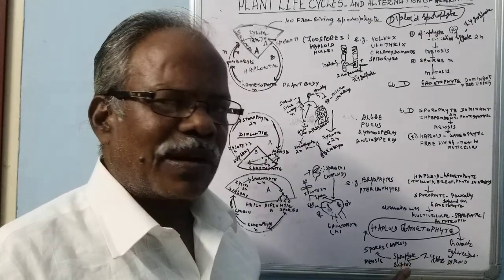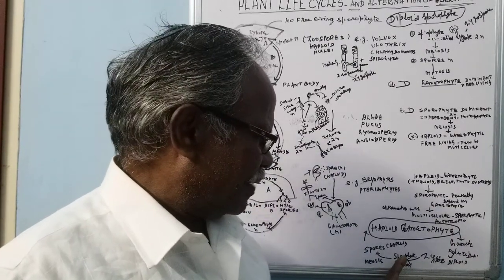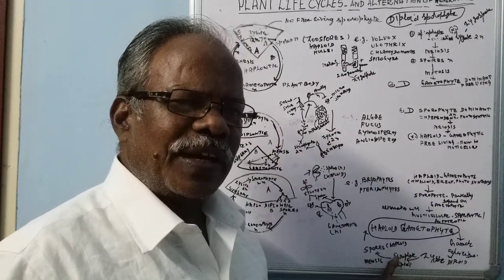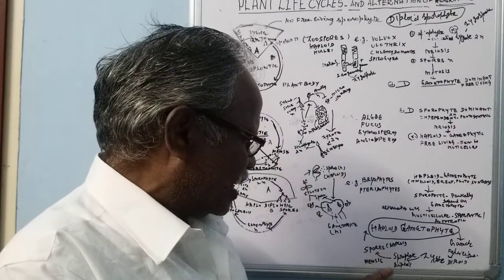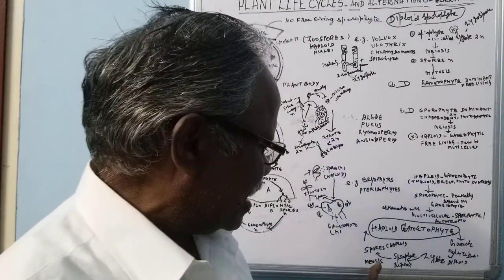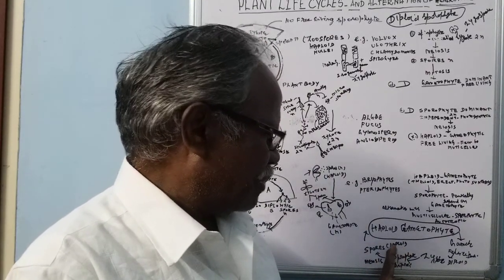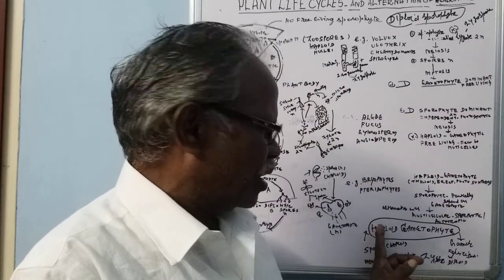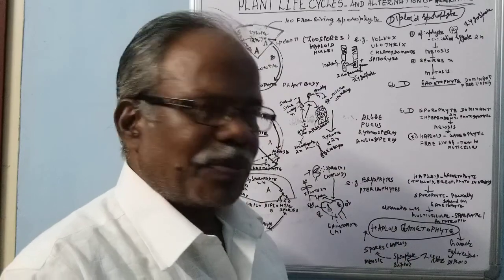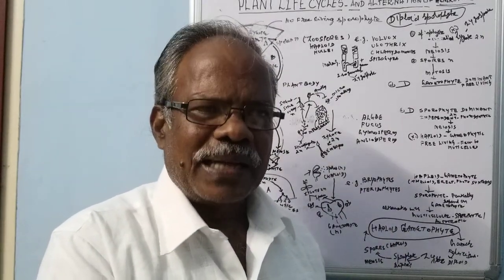If the diploid number of chromosome is reduced to haploid, say for example, if the sporophyte contains 10 chromosome, then 2 cells are formed, each with 5, by the meiosis cell division. Then spores are formed, that is haploid number of chromosome. Then that gives rise to a plant called haploid gametophyte. So this type of alternation of generation exists in plants.